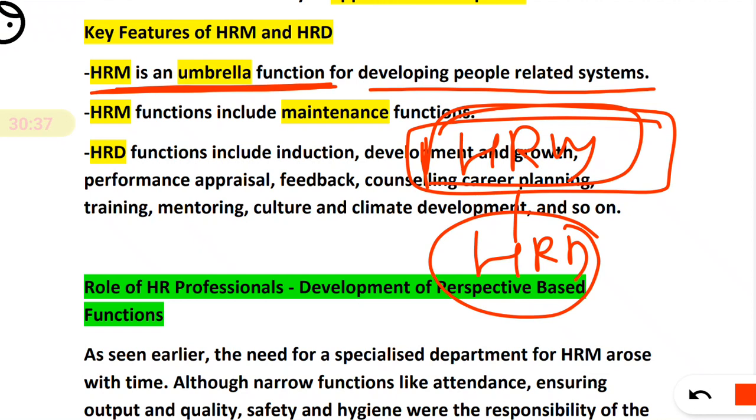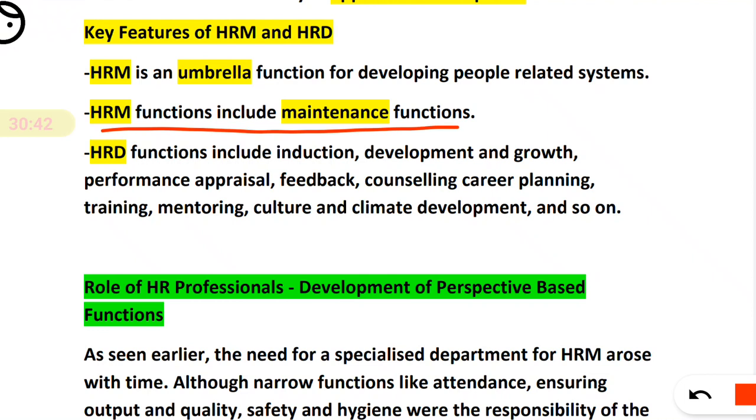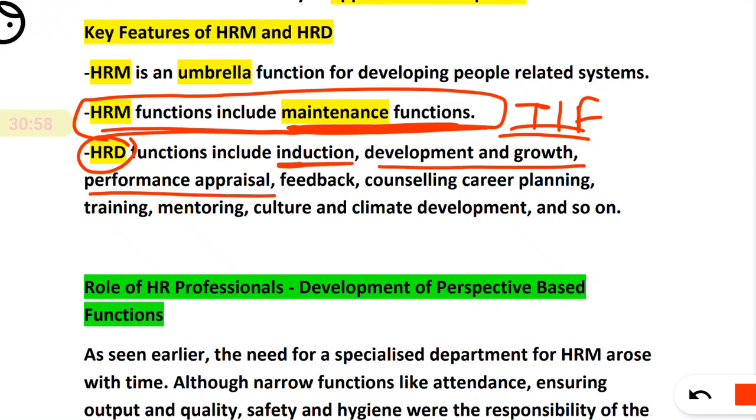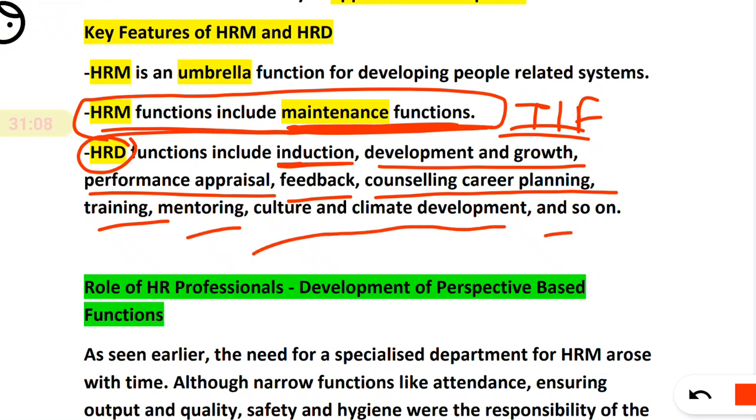Second, HRM function includes the maintenance function also. That line is very, very important. They can frame a true or false here. So remember, HRM also includes maintenance. And third, HRD includes functions like induction, development and growth, performance appraisal, feedback, counseling, career planning, training, mentoring, cultural and climate development, and so on, in the organization.